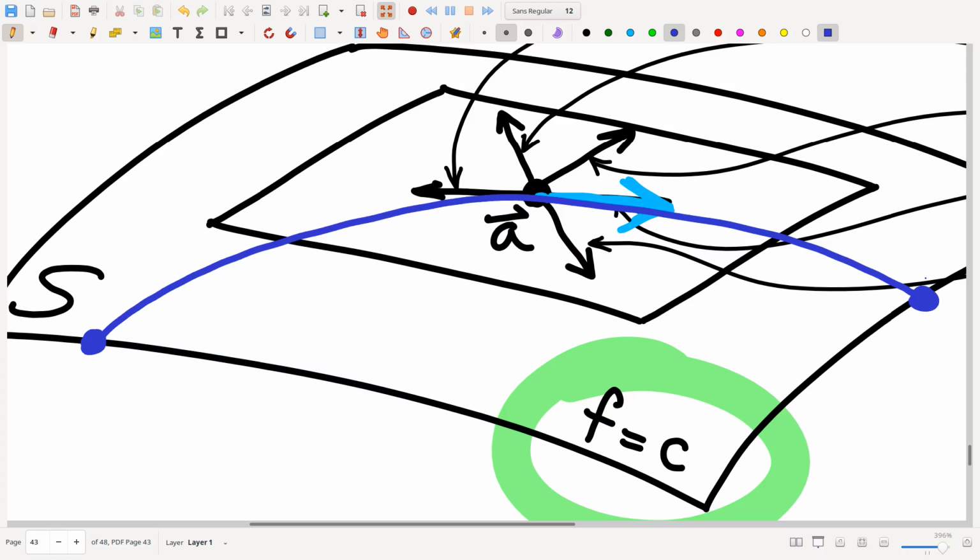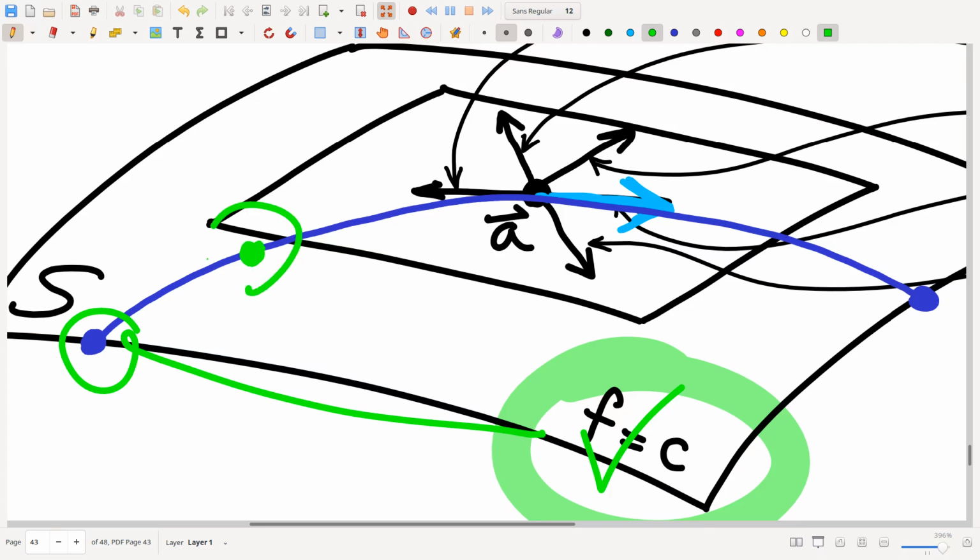All right, now let me ask how fast is the function changing as I do this? As I move along the curve, or said differently, when I'm at this point and moving with that velocity, which I am as I'm moving along this curve, how fast is the function changing? Well, at this point, the value of the function is c. At this point, again, still on my surface, the value of the function is c. At this point, again, c.